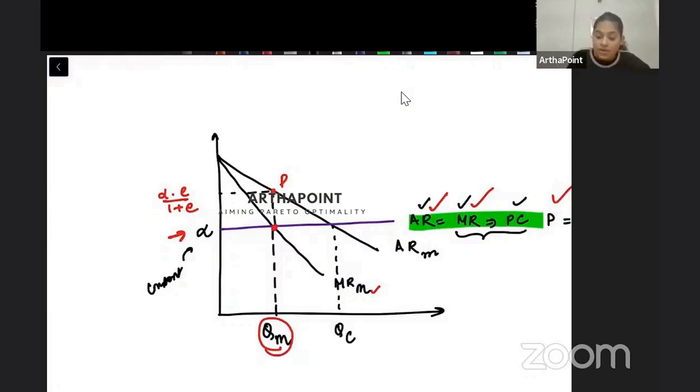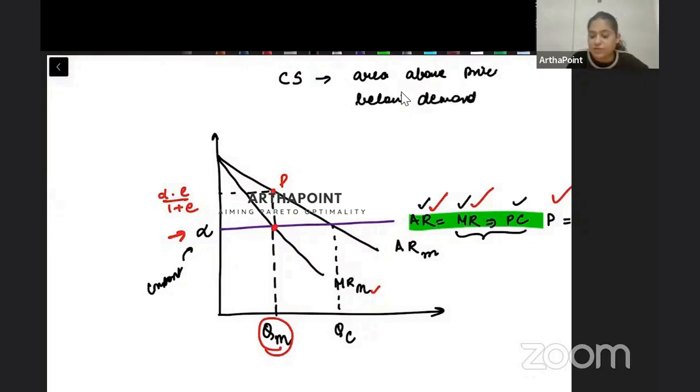Now, the consumer surplus is the area above price and below the demand curve. And the demand curve is the AR curve. So for the monopolist, the consumer surplus is this part.